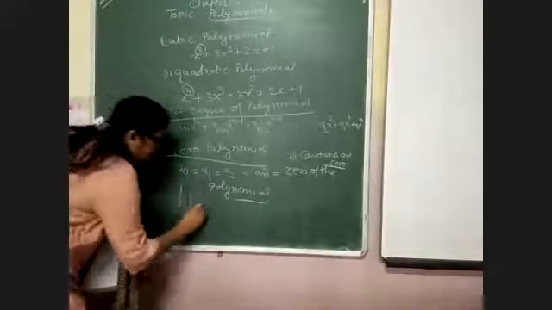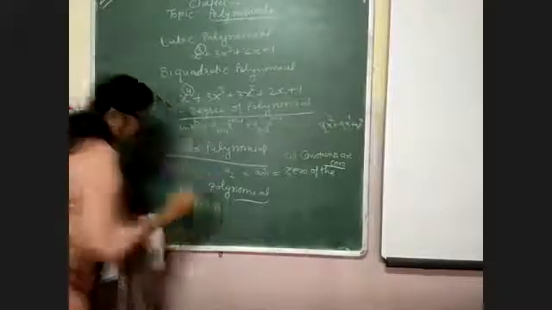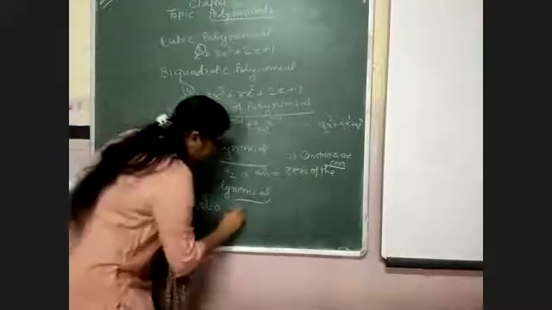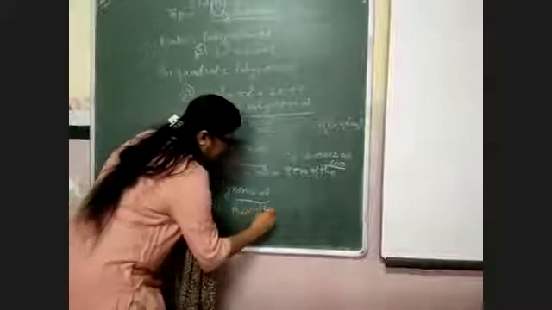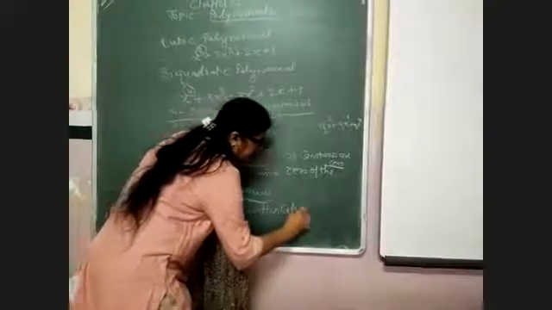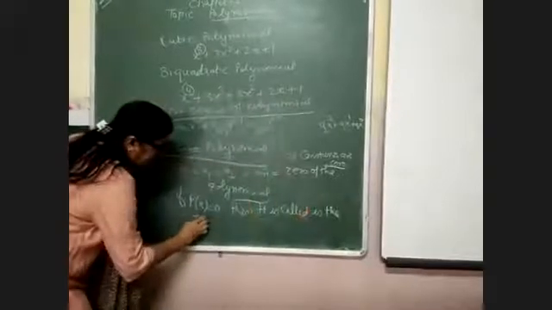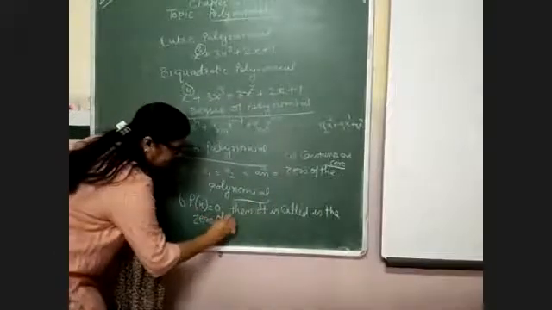So if p(x) equals 0, then it is called the zero polynomial.